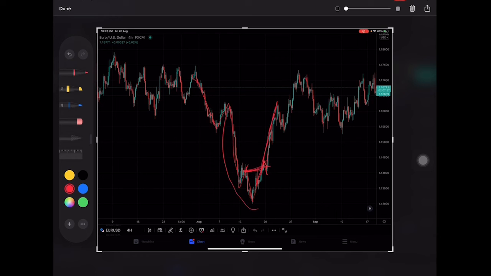So we can consider this our head, and you can consider this one our shoulder, and at this level is our shoulder also. As you can see, there's a first rejection, pullback, and then it goes back to this price, and it goes back up. So that is how we trade head and shoulder.